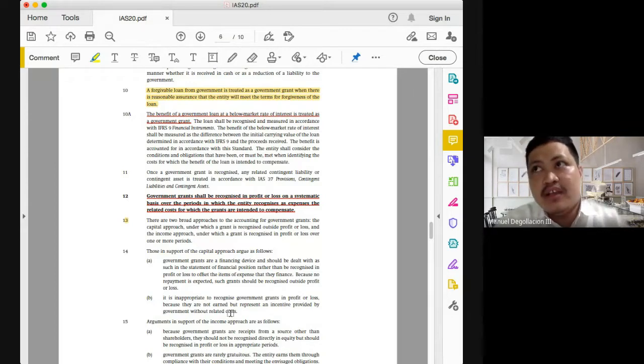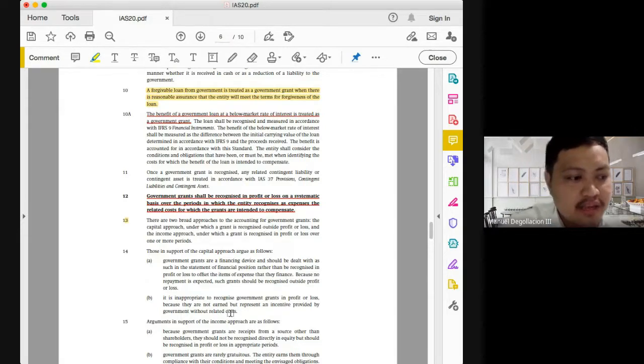Because the construction of the asset is part of the plans of the entity and will benefit the entity completely. But instead of financing it on their own, they will only need 10 million because the other 10 million will be financed by the government. So basically they are able to create an asset worth 20 million by only spending 10 million for it.